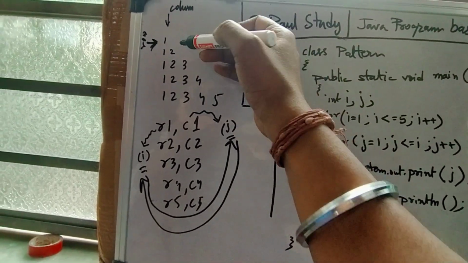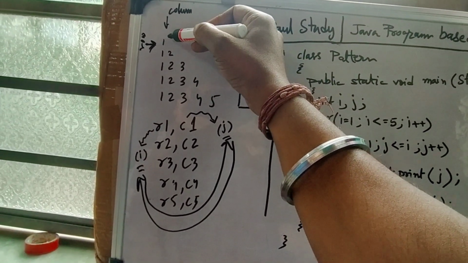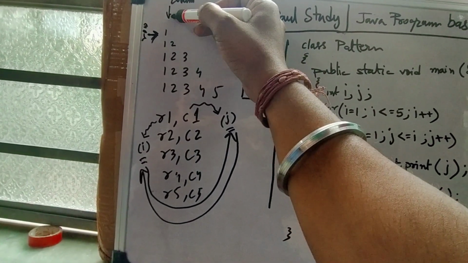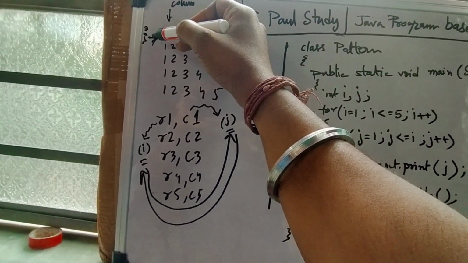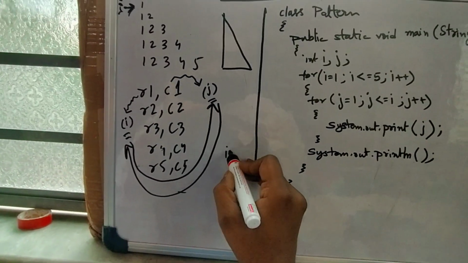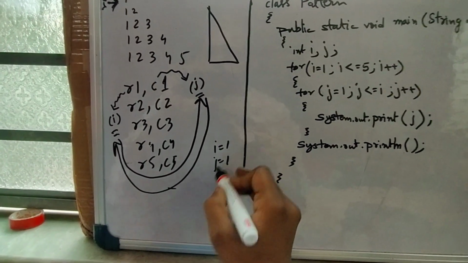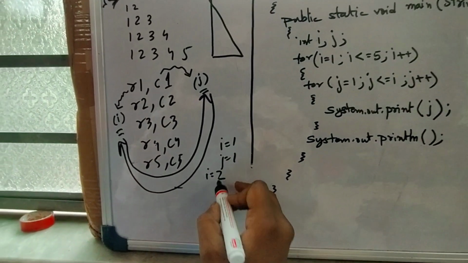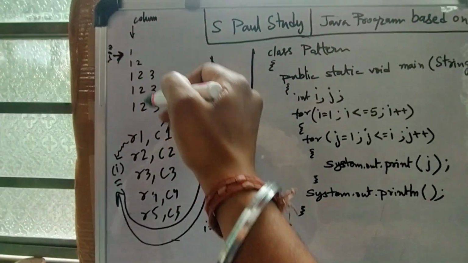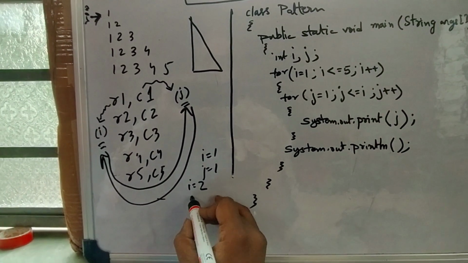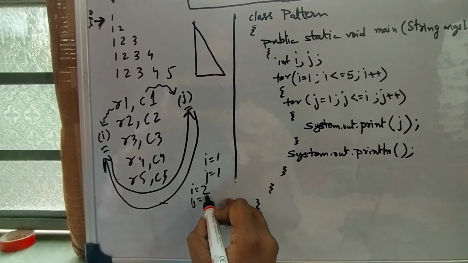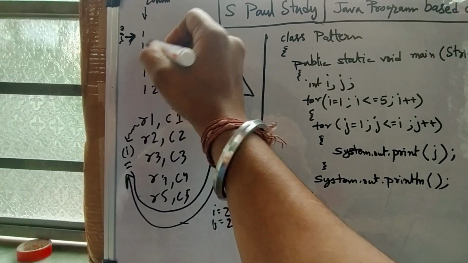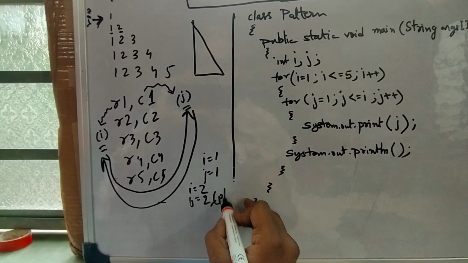Try to always remember that here you can see row 1, the first row, the column is 1, meaning for I equals 1, J is also 1. For I equals 2, J's value is also 2, meaning 2 places. I am talking about these places.